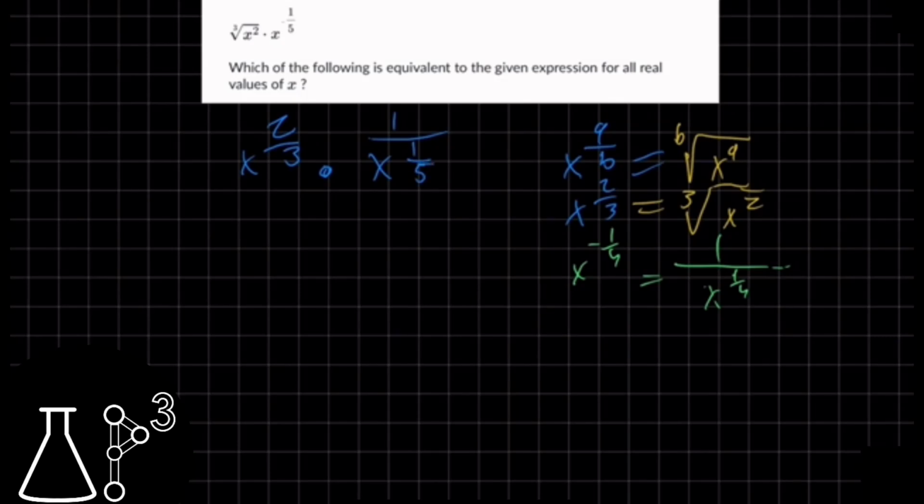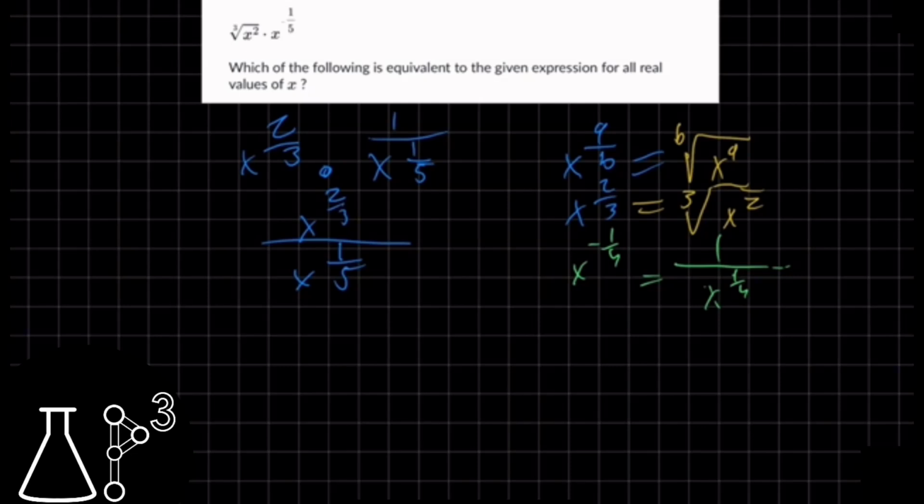So now what we do, we multiply both terms. So x to the power of 2 over 3 multiplies with the positive 1, so we have x to the power of 2 over 3 dividing by x to the power of positive 1 over 5. And now we have two terms with the same base and two different exponents dividing each other. When we have the same base with exponents, we like to subtract.